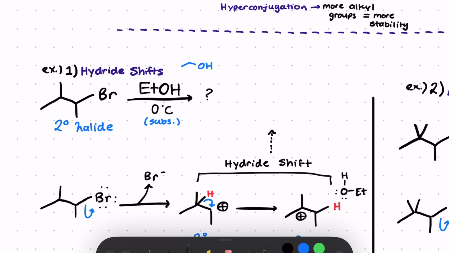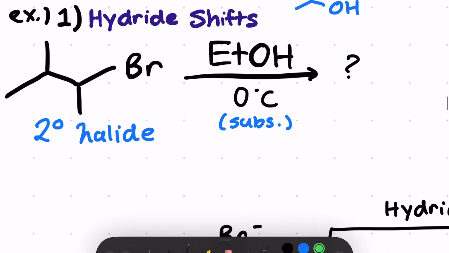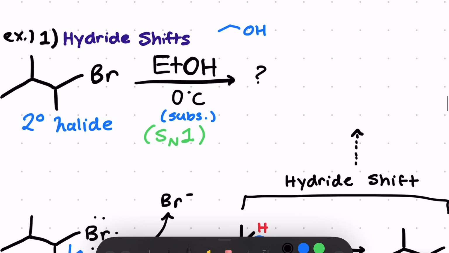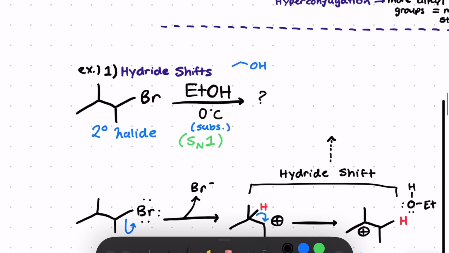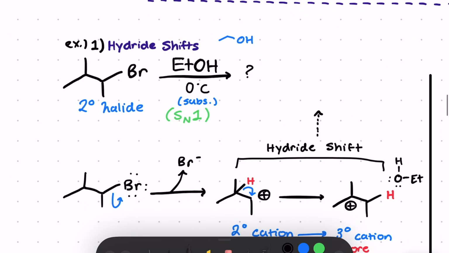So if I have a secondary alkyl halide and I'm using a weak nucleophile, I can pretty confidently assume that this reaction is going to be an SN1 reaction. Okay, this is an SN1 reaction because I have a weak nucleophile, cold temperatures, and a secondary alkyl halide. The weak nucleophile is really the big thing here. The colder temperature is like icing on the cake.